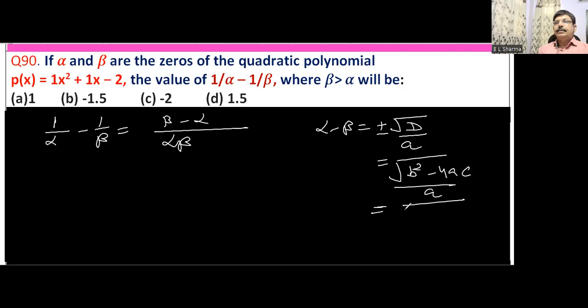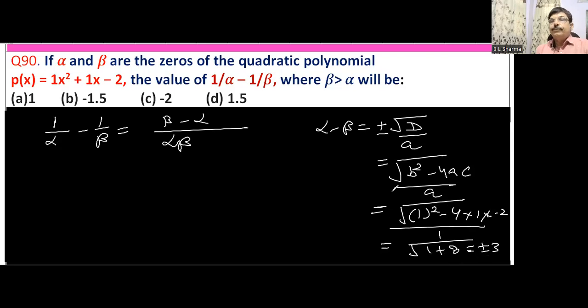Then coefficient of b is coefficient of x, that is 1 whole square minus 4 into 1 into minus 2. A is 1, so we can write here 1 plus 8, that is plus minus 3. So difference of the zeros, alpha minus beta, is plus 3 or minus 3.